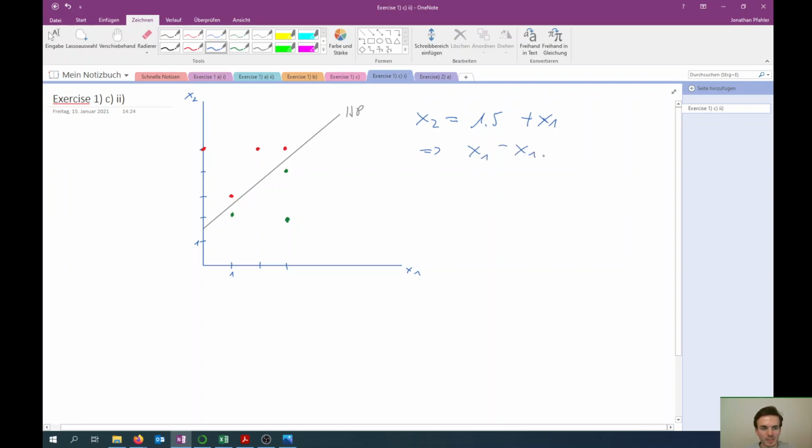So x1 minus x2 plus 1.5 is equal to 0. And that means that our weights are 1 and minus 1. And our constant here is 1.5.